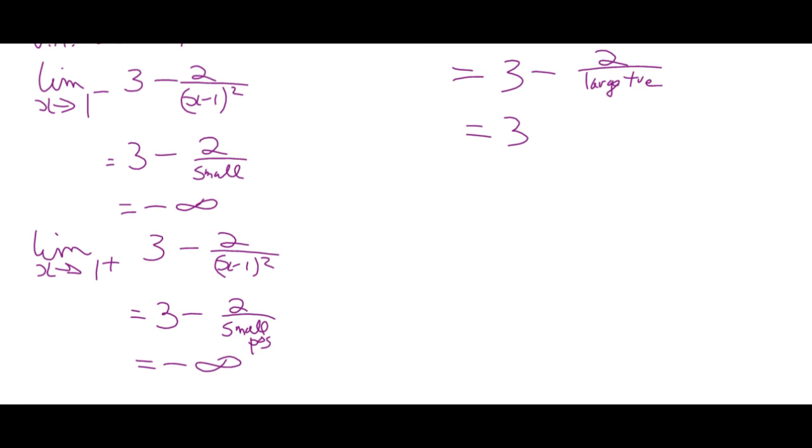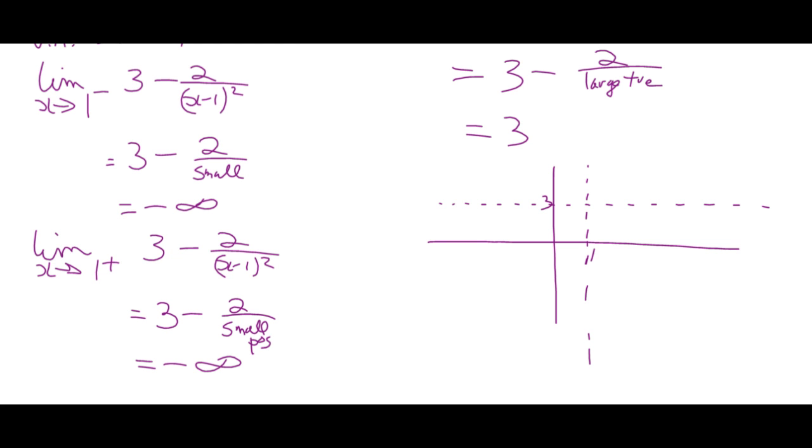Okay, so now we can sketch. Let's put this guy in. 3. Notice it's 3 minus, right? So we're going to be coming at the 3 from below in both instances. And what else we got? We got 1. Lost the 1. Okay, so we know that approaching from below, we are going down, and going this way, we are going this way.